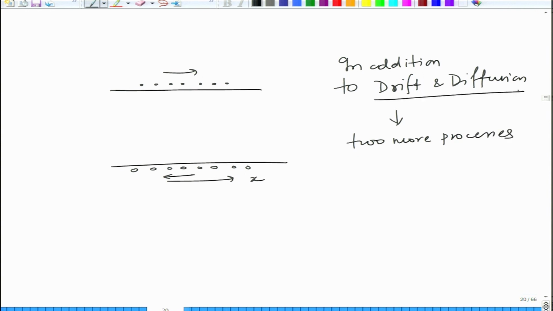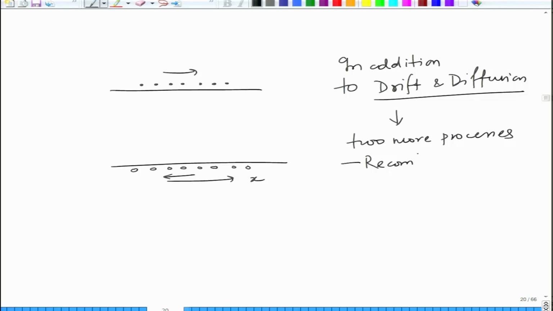They will determine the net flux, but the flux is also affected by two more processes, which are called recombination and generation. It is these four processes together which will generate the net change in carrier concentration as a function of time or distance in a semiconductor.